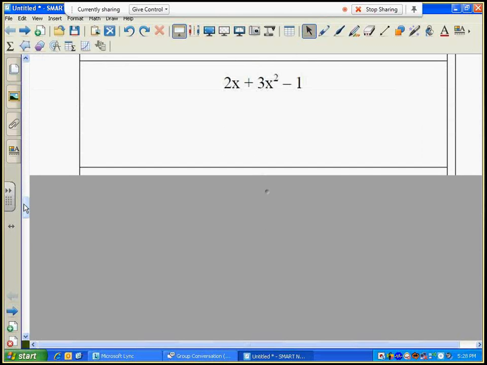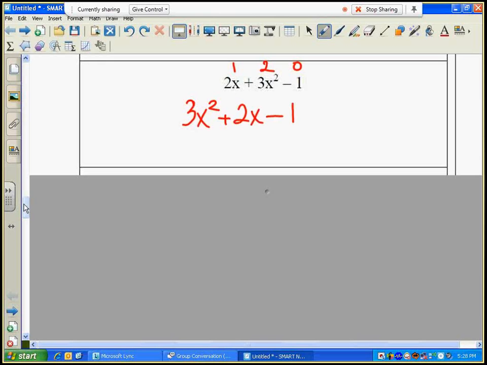Give it a shot. You can see that this polynomial expression has 3 different terms. The first term has a degree of 1. The second term has a degree of 2. And the last term has a degree of 0. So I'm going to rearrange this as 2, 1, 0: 3x squared plus 2x minus 1.